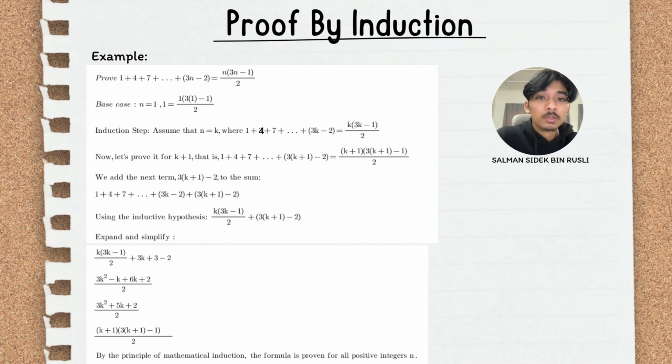And again, we're gonna simplify it again: (3k squared plus 5k plus 2) divided by 2. So we're gonna expand it at the last. It would be (k plus 1) times (3 times (k plus 1) minus 1) divided by 2.